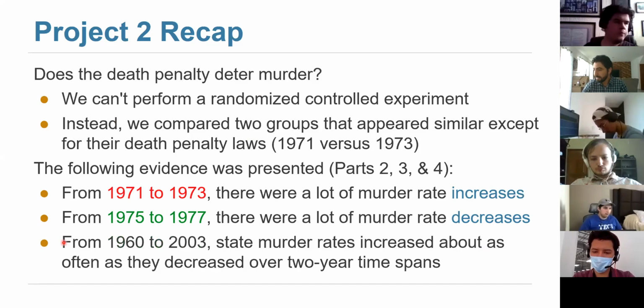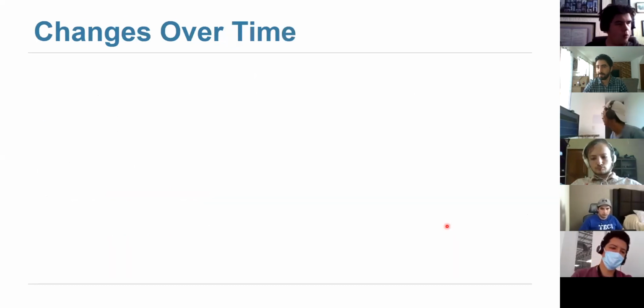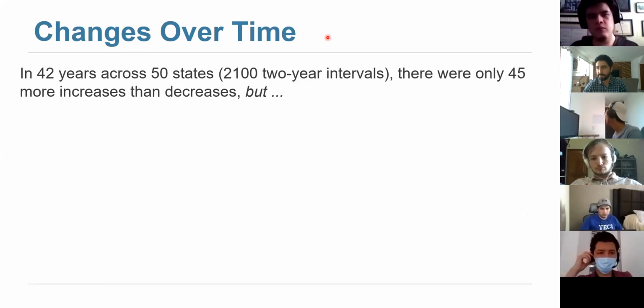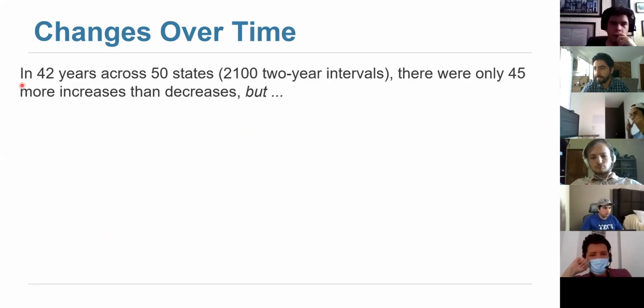From 1960 to 2003, a state's murder rate increased about as often as it decreased over a 2-year time span. There was a lot of data, and some of it might be confusing. We saw that in 42 years across 50 states, there were only 45 more increases than decreases in the murder rate.